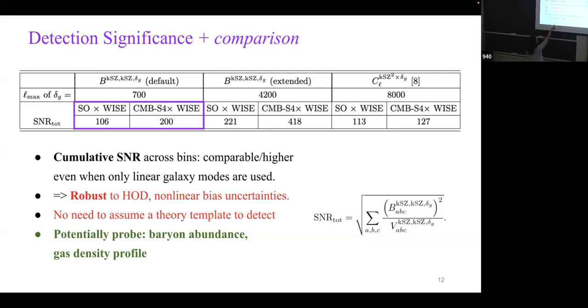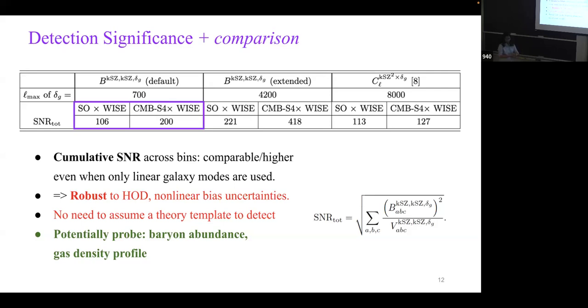And in the middle, I'm showing the detection significance for the extended case where we do not restrict our galaxy modes. So by comparing the last two columns, you can see that you're gaining in signal to noise ratio when you take a full 3-point function instead of just taking KSZ squared across galaxies. And then here we can even choose to restrict our galaxy field to linear scales and still get a very high detection significance.